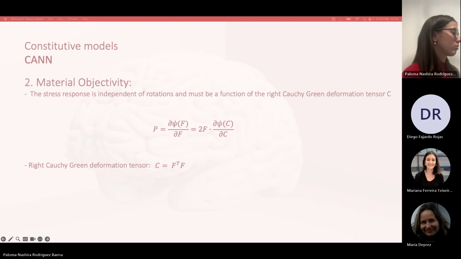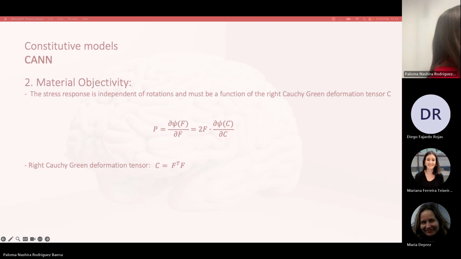That must be a function of the right Cauchy-Green deformation tensor. Why? Is that what enforces the rotational invariance? I think so. That's what the paper said.